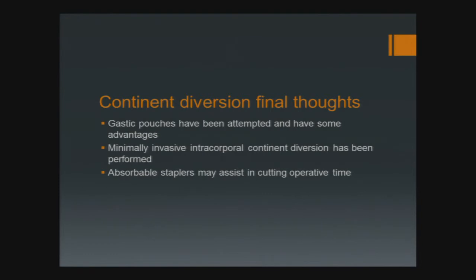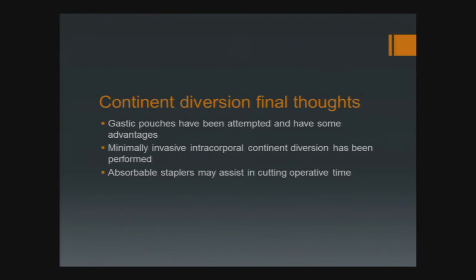This is particularly attractive in women, as you can pull the bladder out of the vagina, and then it's basically only your port sites that you would have as incisions for cosmesis. It does take a long time to do, however. It's a lot of sewing to do an intracorporeal continent diversion. And then I touched earlier on absorbable staplers.